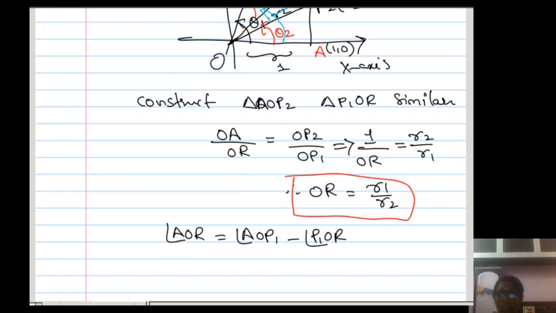The angle AOP2 is theta 2, so P1OR is also theta 2. AOP1 is theta 1, minus this angle theta 2. So angle AOR is theta 1 minus theta 2, and the modulus is R1 by R2.